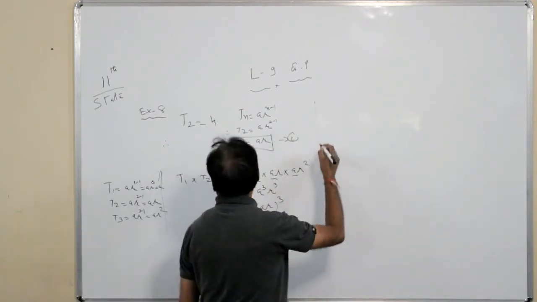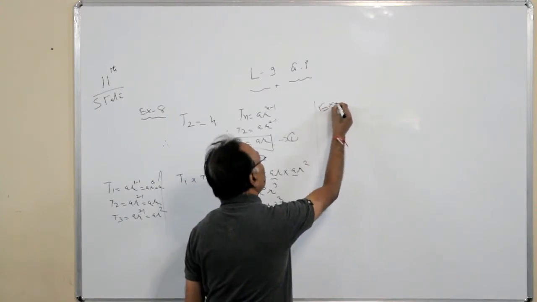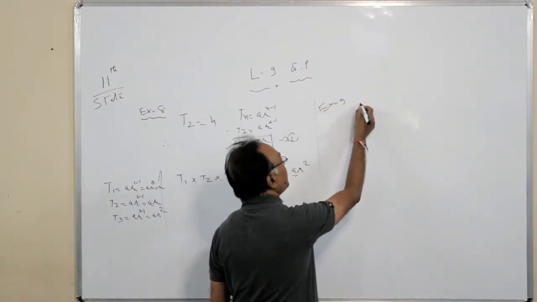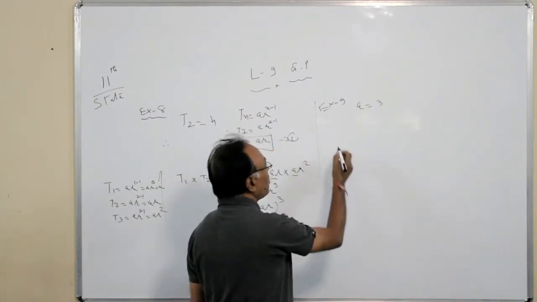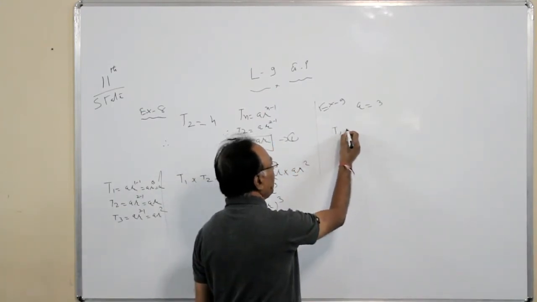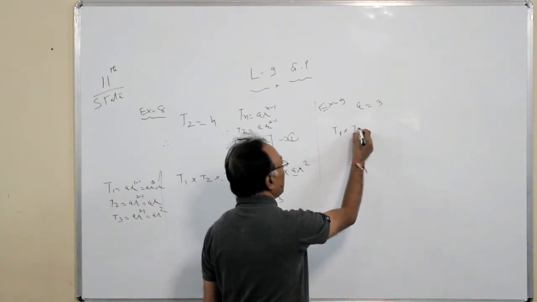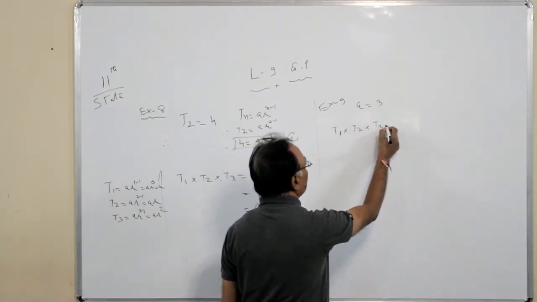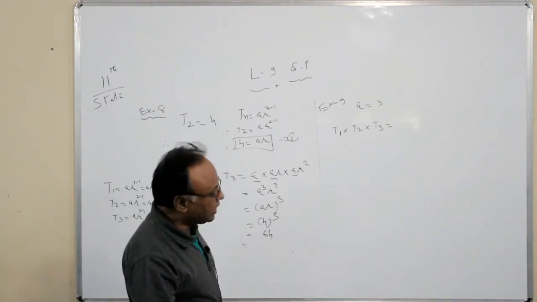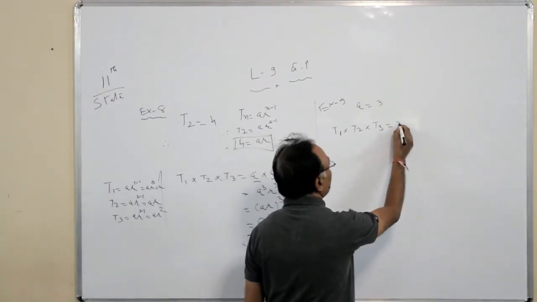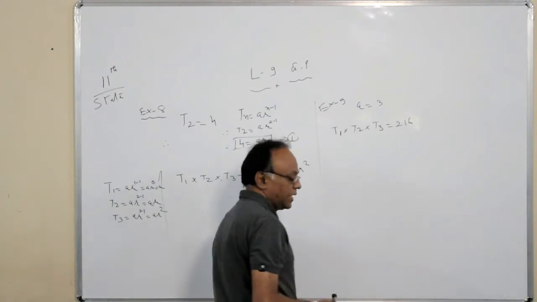So here in example number 9, the first term denoted by A is equal to 3, given, and the product of the first 3 terms, T1 multiplied by T2 multiplied by T3, is given as 216.